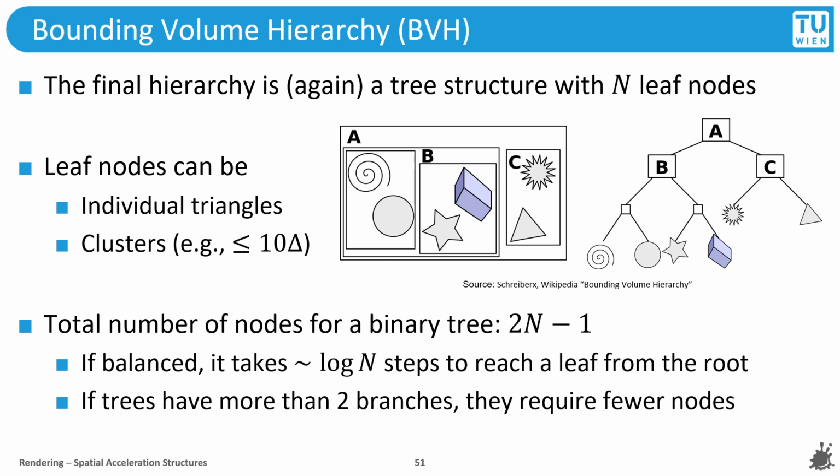And if the tree is reasonably balanced, it will take about log of n steps, where n is the number of leaf nodes, to reach a leaf starting from the root. And the number of total nodes inside the tree will also go down if we allow the tree to have more than 2 branches at any individual layer.